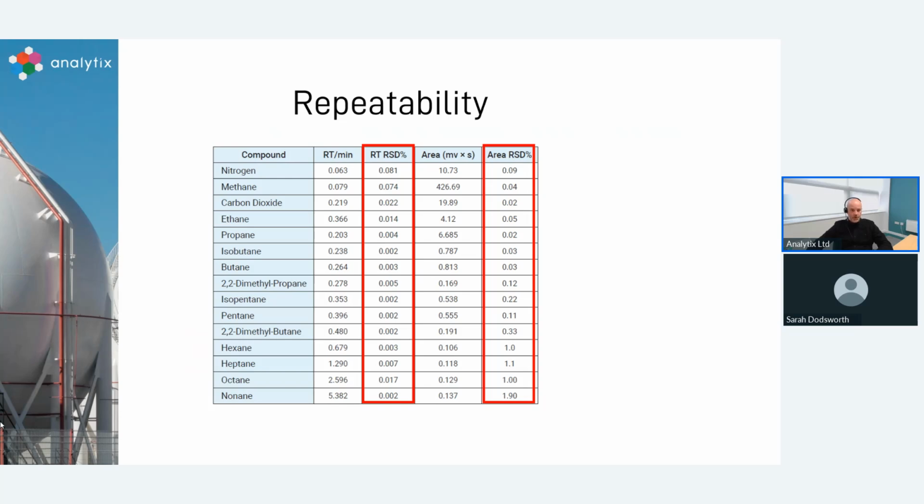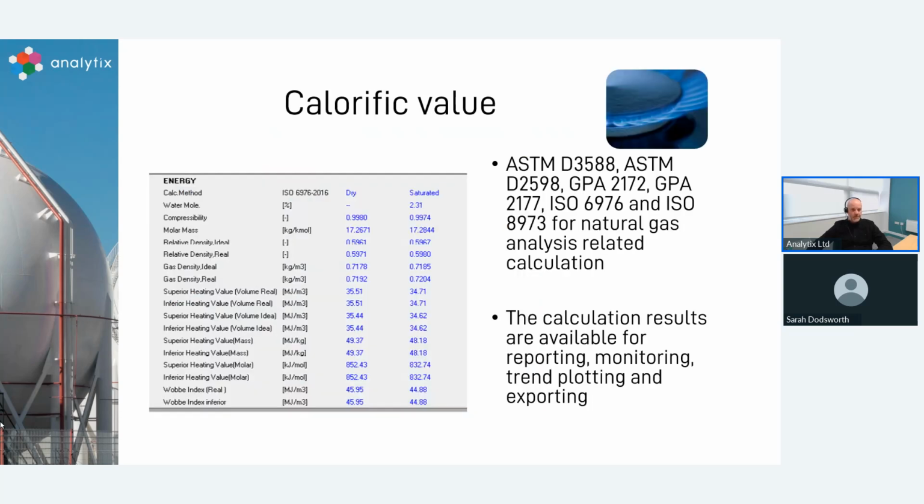So what this allows us to do is to have a very good grasp on things like the calorific value, Wobbe index, gas density, etc. All these calculations and measurements are very important to suppliers and also for the end user, in this sense most households, to have an accurate reflection of what the calorific value is for their natural gas.